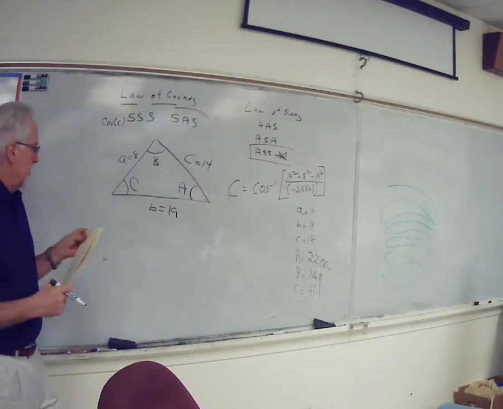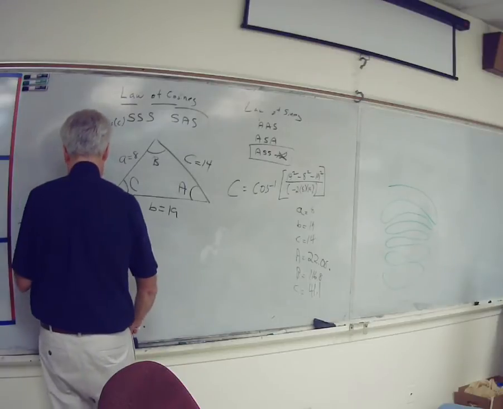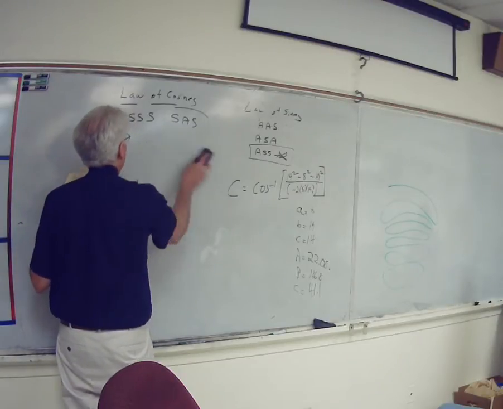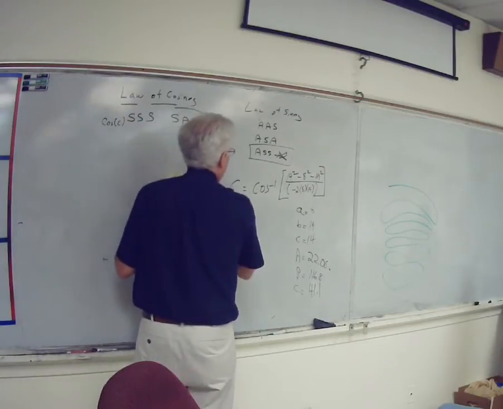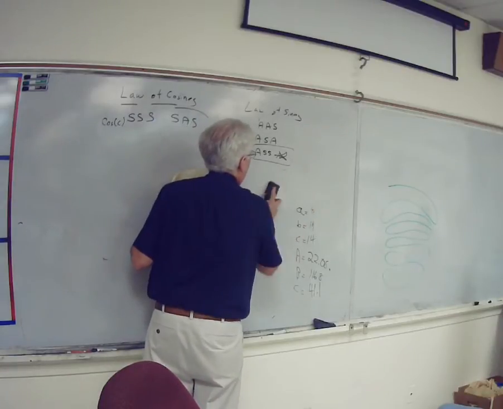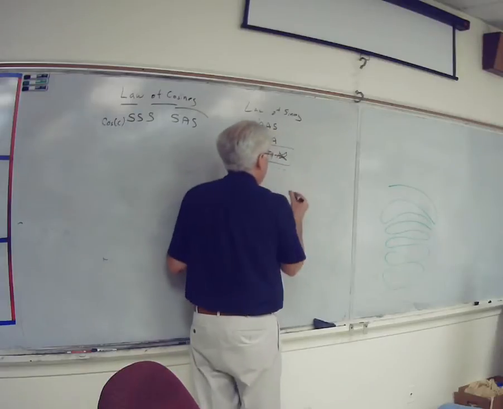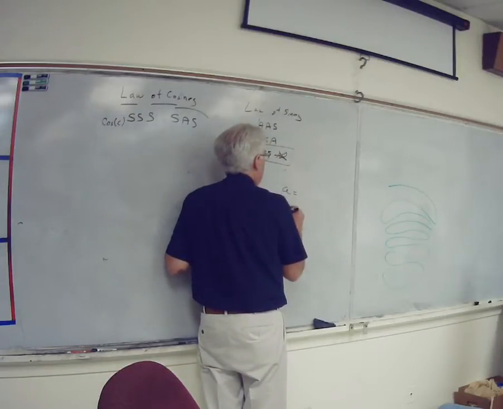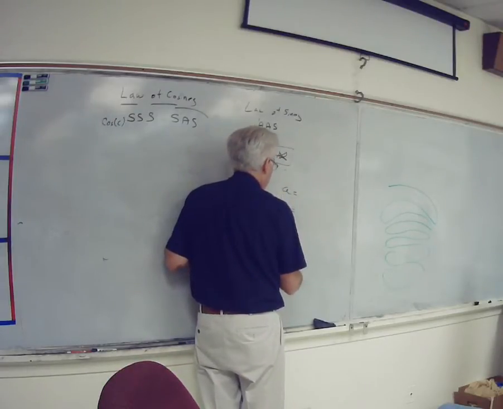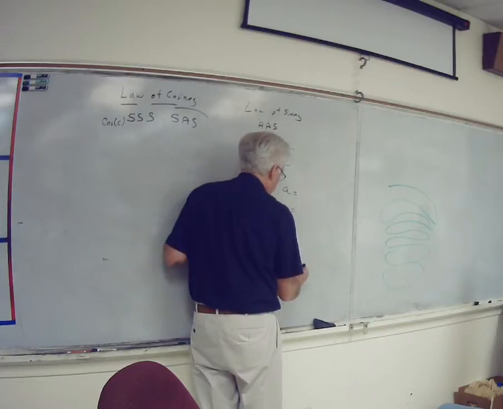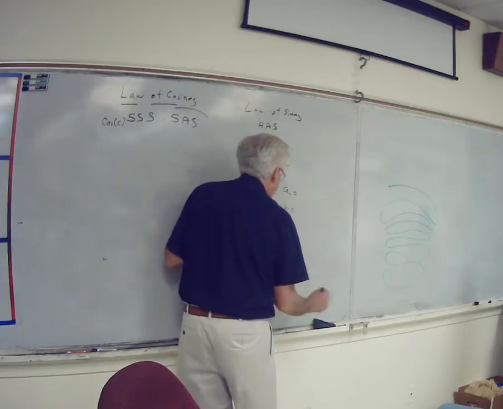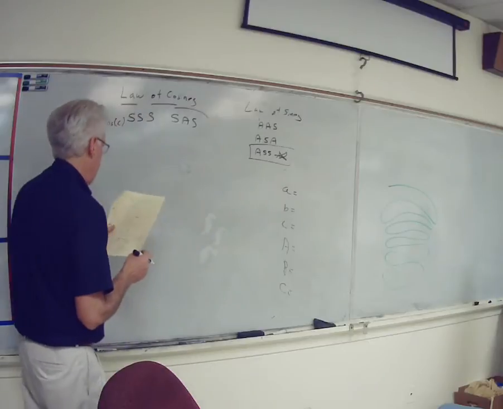Okay. Let's do another one. I always like to start with A equal, B equal, C equal, so we can kind of do our bookkeeping and keep track.